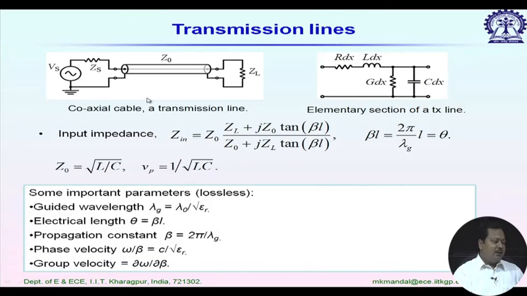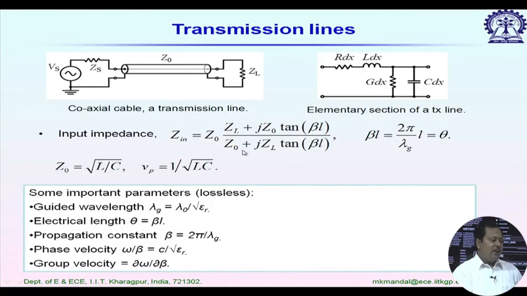In that case the input impedance Zin as seen by the source is equal to Z0 into (ZL plus jZ0 tan beta L) divided by (Z0 plus jZL tan beta L). This beta L is nothing but the electrical length of this line, theta.